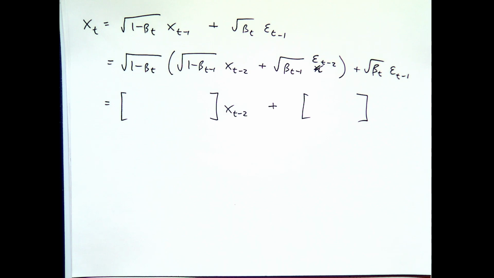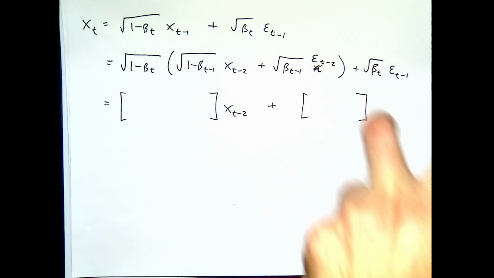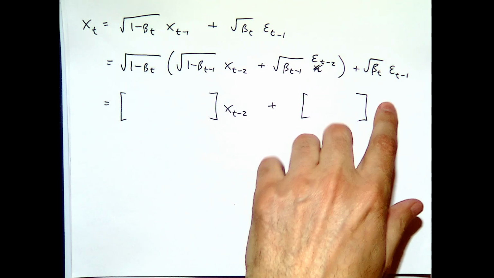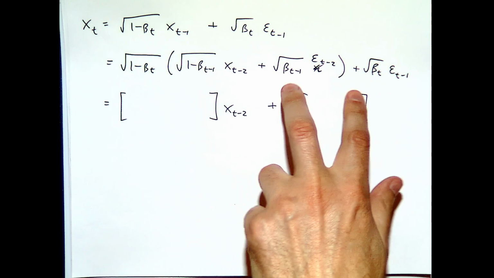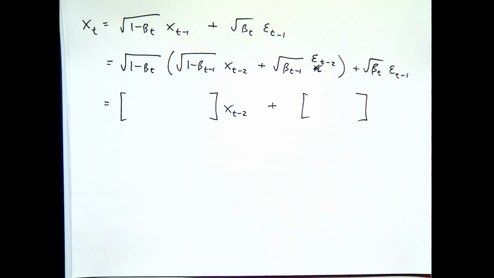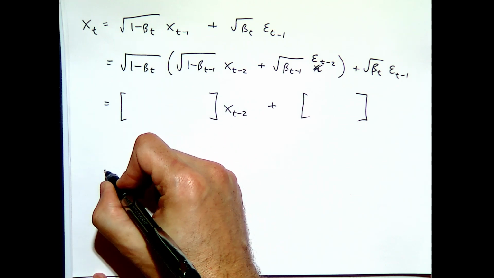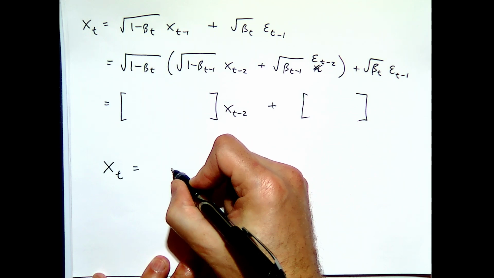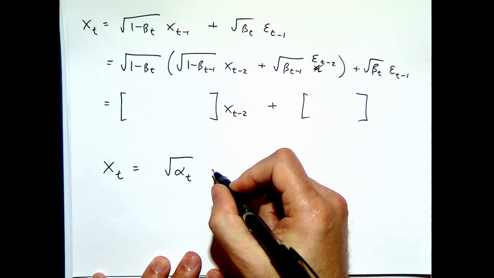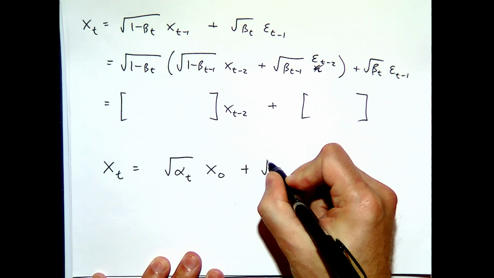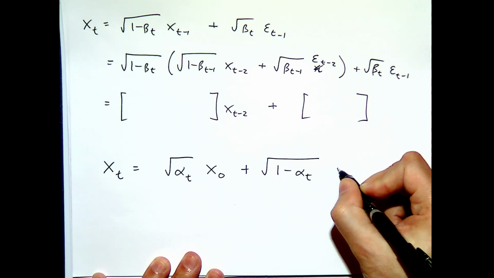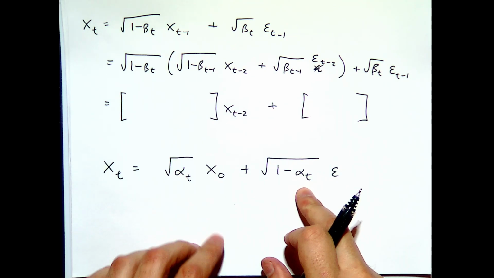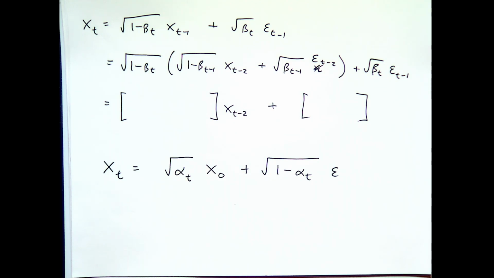And again, I should know from probability that when I add up these two Gaussian pieces, I'm going to get something else that is Gaussian. And since those are both zero mean unit variance, this part itself is going to be zero mean unit variance, except it's going to be multiplied by some corresponding factors with these betas, right? So the idea is that I can do this inductively and eventually say x of t is something, and I'm going to write it like this: alpha t times x0 plus some other thing, epsilon, which is like saying what is the proportion of original image plus noise, right?